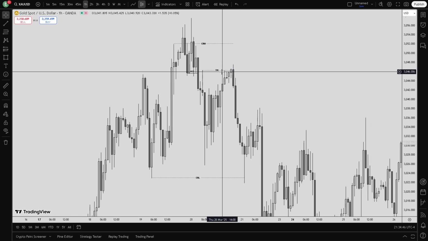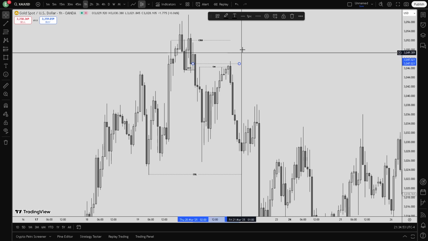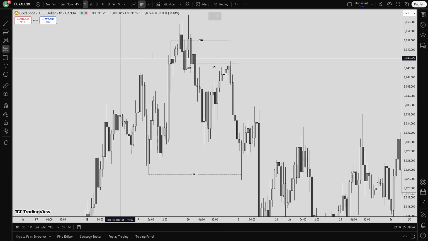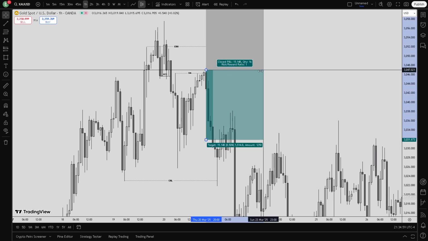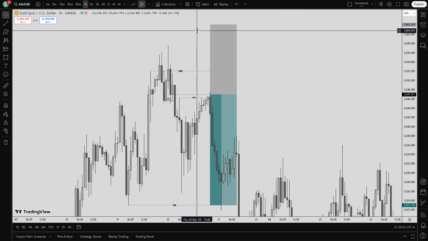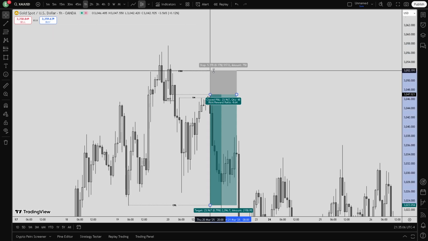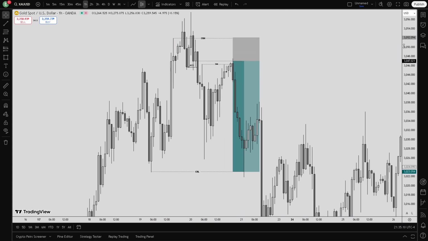So you do have your inducement, you do have right there your order block. Your entry would have been like this, or you guys could have entered inside of this fair value gap. Your TP would have been the CRL, and your stop loss is at your own choice.